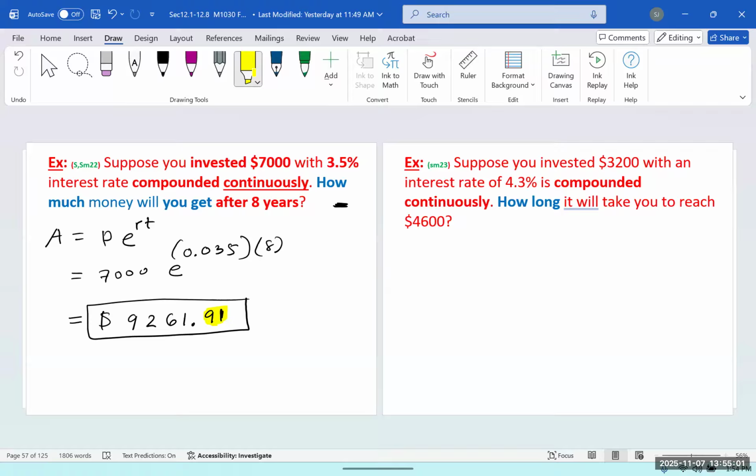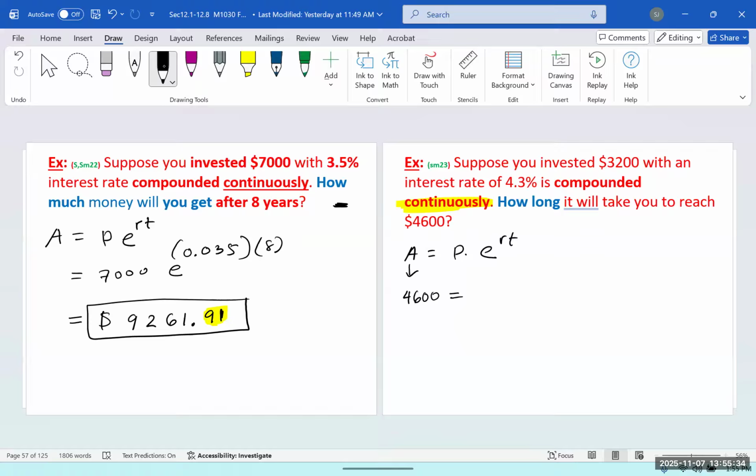So which formula? The first one or the second one? Third. Anytime you see continuous, it cannot have an n. So you have to use the formula that doesn't have any n. So A equals P times e to the rt. Now, do we have our final amount, the future amount? How much is the future amount? 4,600.